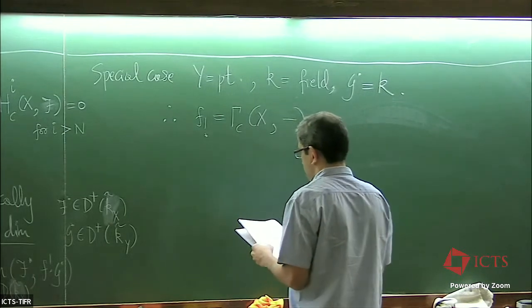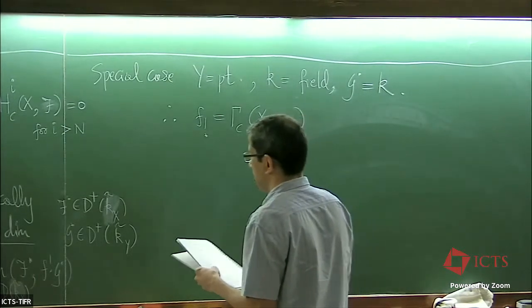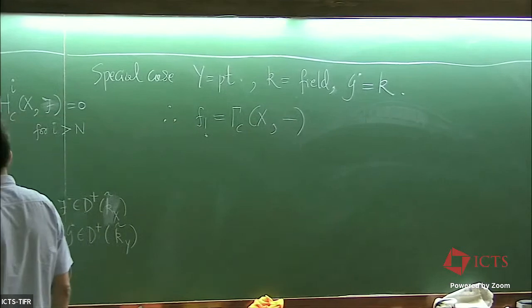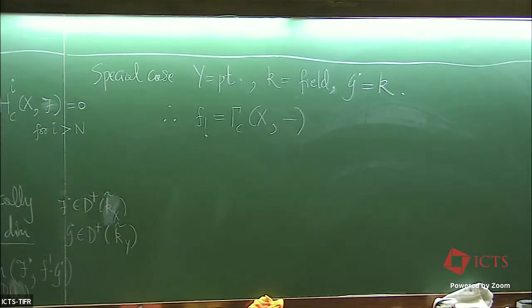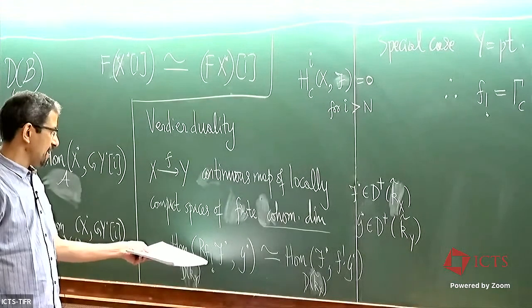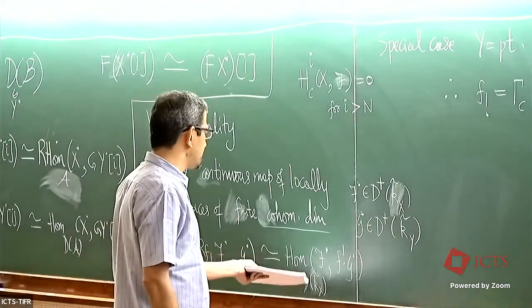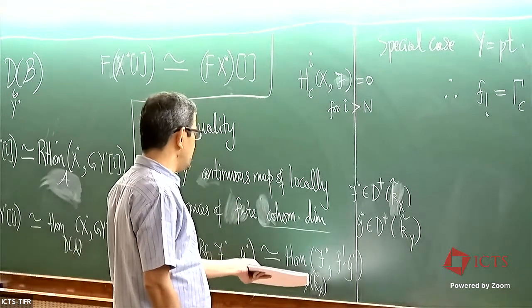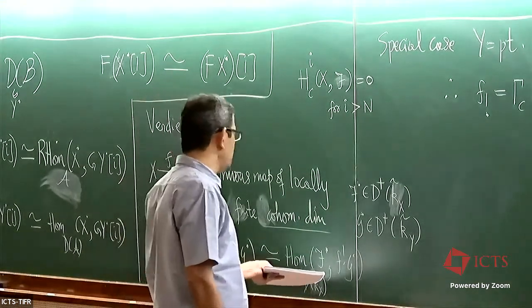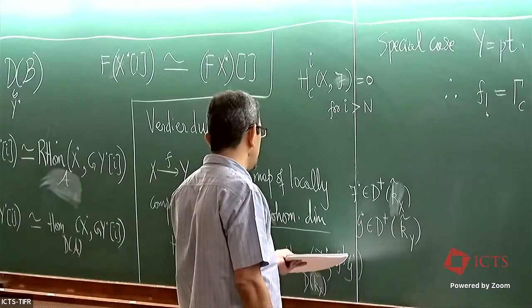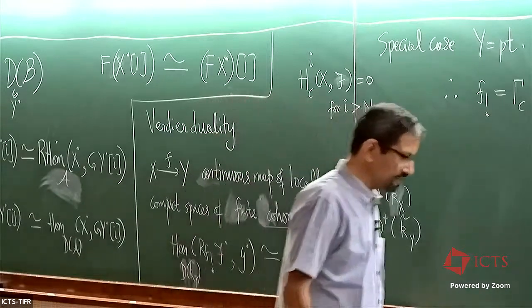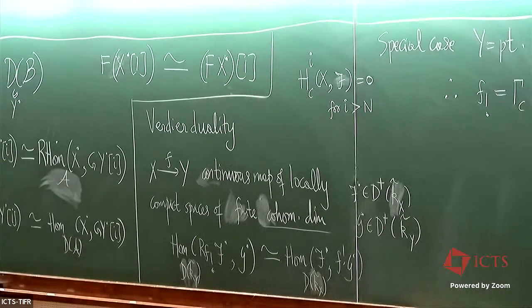So the statement is that you can reduce the statement to saying that R Hom, so this is just the dual part, Hom(RΓ_c(X, F^•), K) is isomorphic to, and this side is in the derived category of K_X modules, this side will be RHom(F^•, f^!K), with some mysterious complex f^!K. So let's first begin with that.